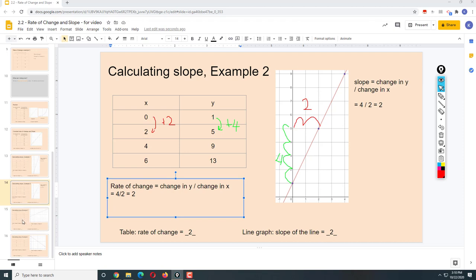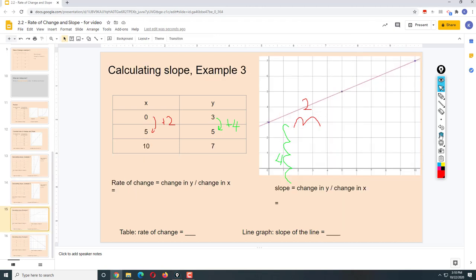Next one. For this one, y is going up. So we have a point here, and we have a point here. So 1, 2. Y goes up by 2. And sure enough, we're going from 3 to 5. We're going up by 2. X, we're going from here, 1, 2, 3, 4, 5.